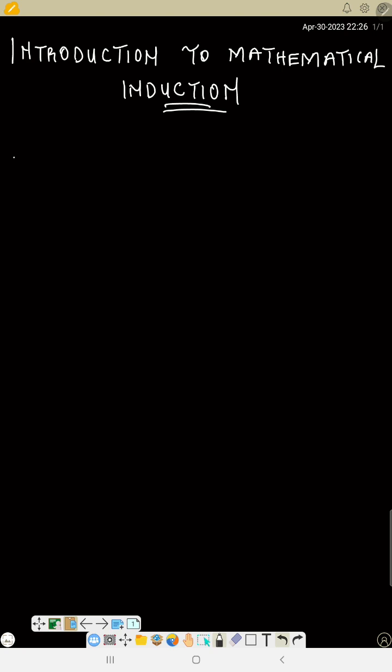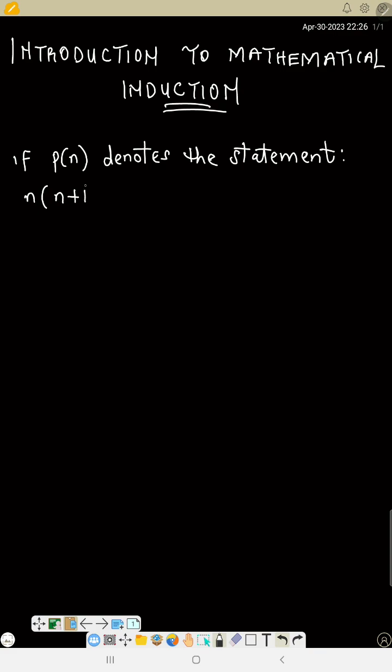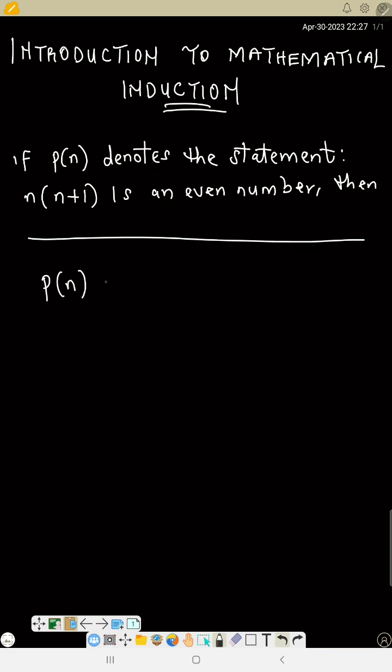Example: if P(n) denotes the statement "n(n plus 1) is an even number", then P(3) is what?